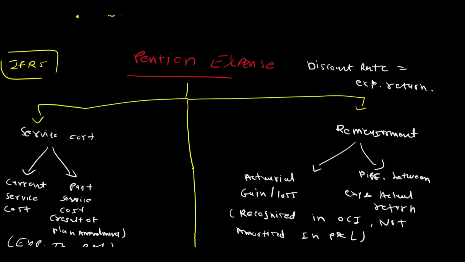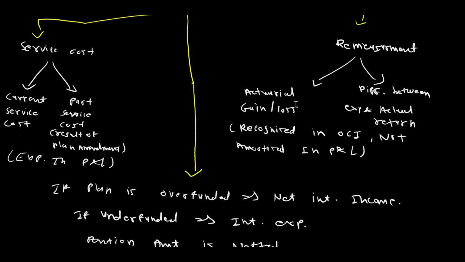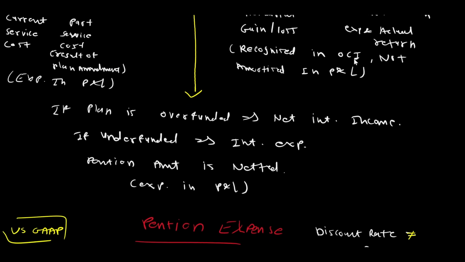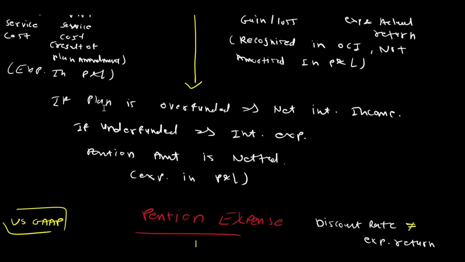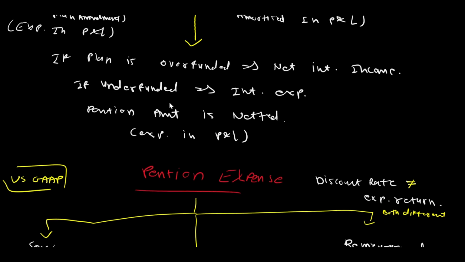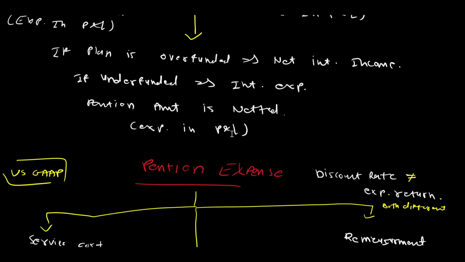Remeasurement of the PBO: actual gain and loss is recognized in OCI, not amortized in P&L, being the difference between the expected and actual return. If the plan is overfunded, then it is reported as net interest income. If underfunded, then net interest expense. The pension amount is netted in the P&L. All things reflect in the P&L.